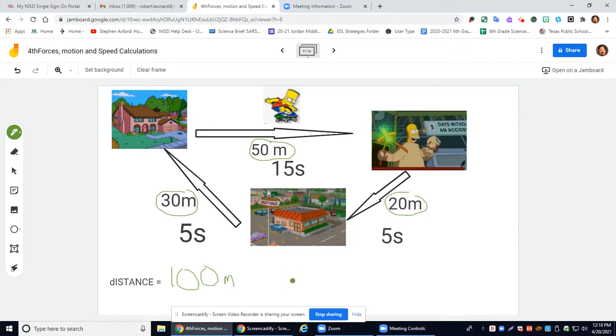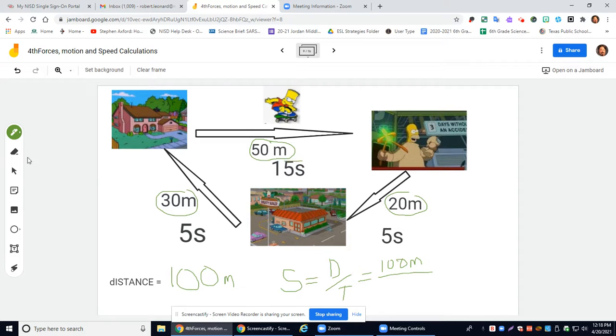Next question, what was his speed? Well, speed is equal to distance divided by time is equal to, what was the distance that he traveled? He traveled 100 meters. How long did that take him?